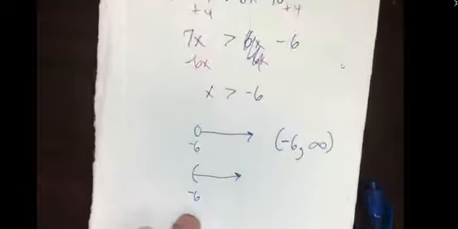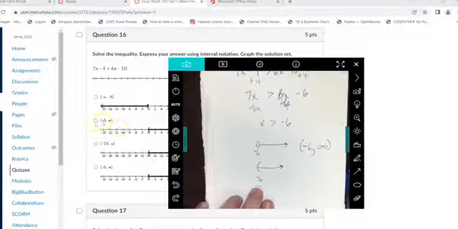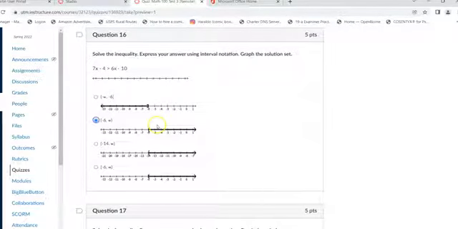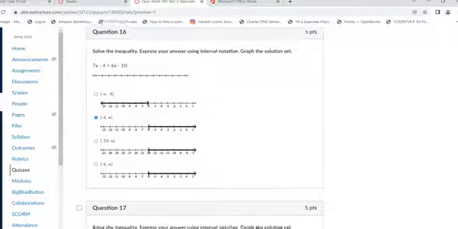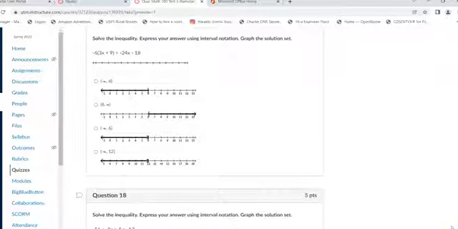Now let's check. So this is the answer that we want. We can see how that was drawn. So you've got to copy it down correctly in the first place. All right, we want to solve that inequality. Now let's really be careful to copy it down correctly.